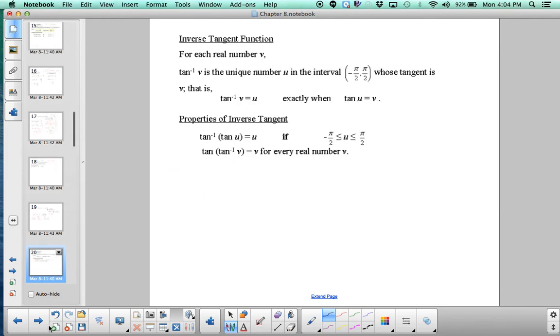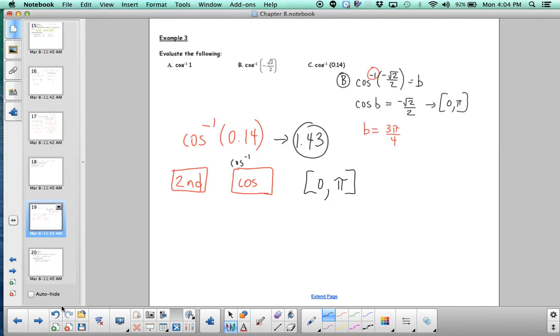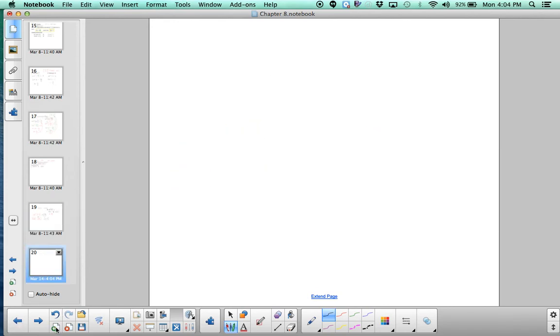Alright, before we get to the tangent, let's talk about one misconception. One misconception is the difference between 1 over cosine x. We know 1 over cosine x is secant of x.